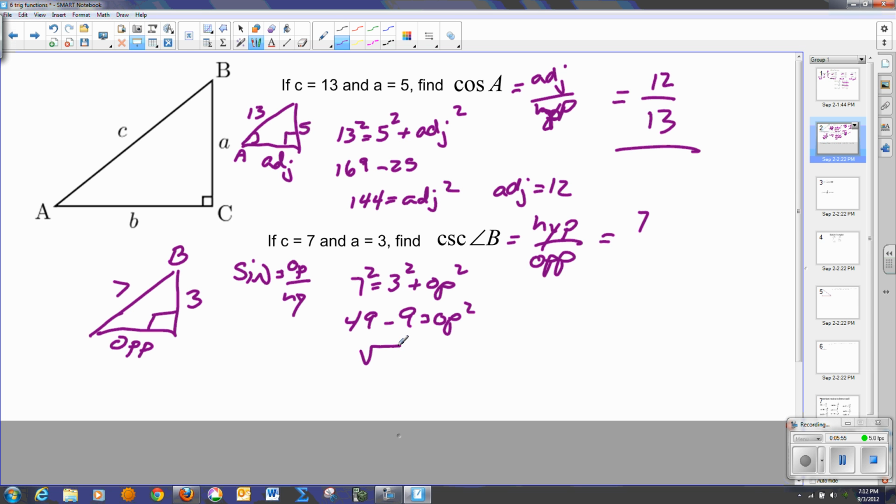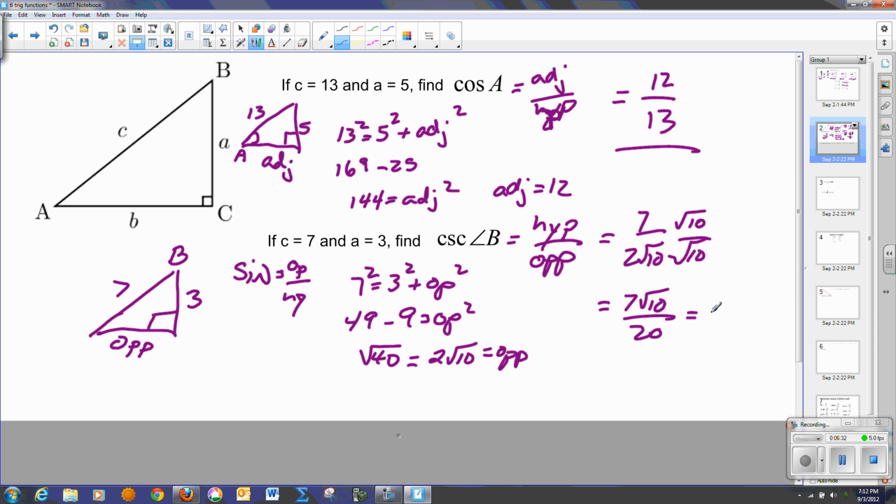So the square root of 40, or 2 root 10, is going to equal my opposite side. Plugging into my cosecant ratio, I have 7 over 2 root 10, which isn't going to be good enough to leave. I'm going to have to rationalize by root 10 over root 10, giving me 7 root 10 over 20, which is equal to the cosecant of angle B.